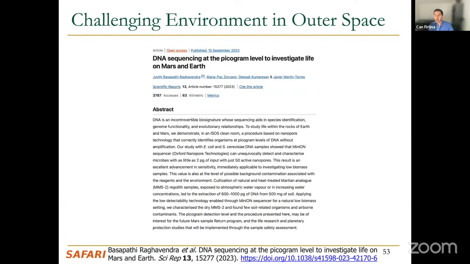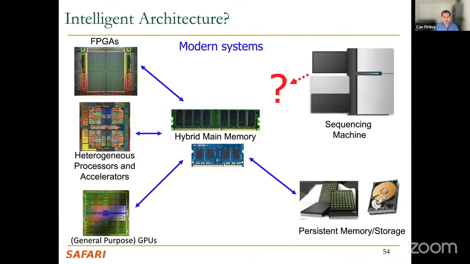This is an example of how we're getting prepared to collect samples from Mars and also to sequence the samples that we collect from Mars, even on site, meaning on Mars. There is an interesting read, which was published a month ago. If you're interested, you can read this.